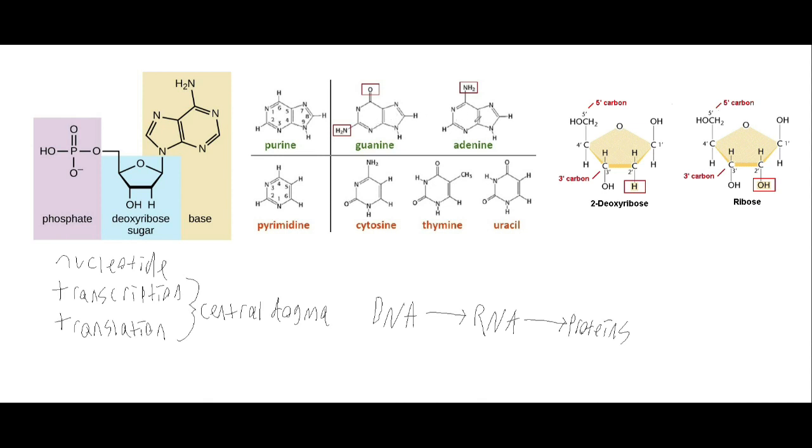So adenine is differentiated. It has this amino group up here. Guanine has a double bond oxygen with an amino group here, and in fact, this amino group here, along with these other two nitrogens, is called a guanidium group.